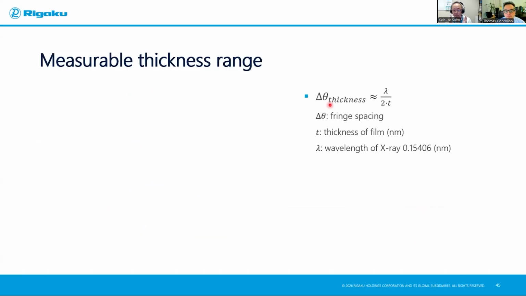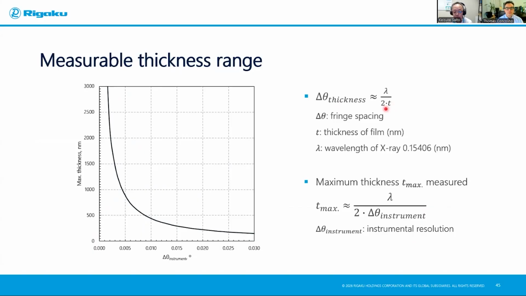The oscillation spacing in the theta scale and the thickness T have this kind of relationship. If you put in the X-ray divergence of your system, this gives the maximum thickness that can be measured, and you can plot it this way. So this gives us an idea of the maximum thickness you could determine depending on your instrument configuration, if you know the instrumental function.